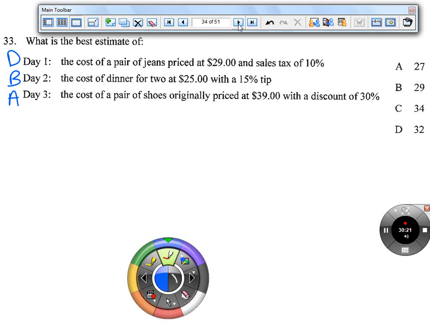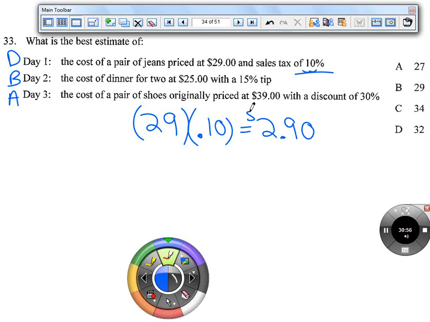Best estimate. So $29 for the jeans, and you're multiplying that by the sales tax, and that's a percentage again. So you just multiply it by 0.10, just moving the decimal place over 2 spots. So let's do 29 times 0.1. And of course that will be 2.9, which is $2.90.